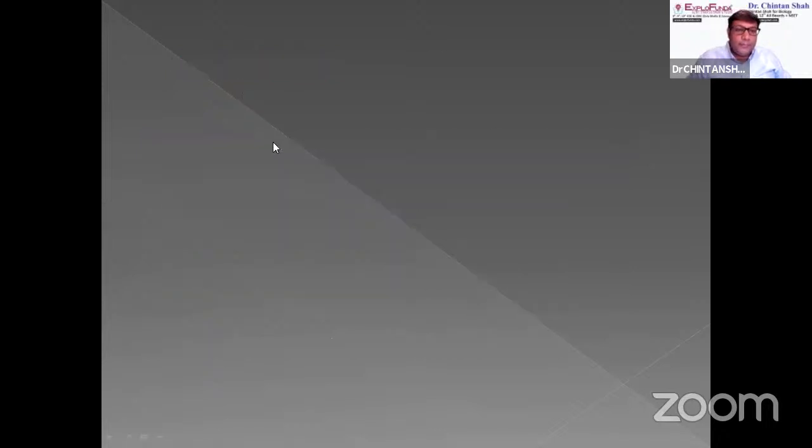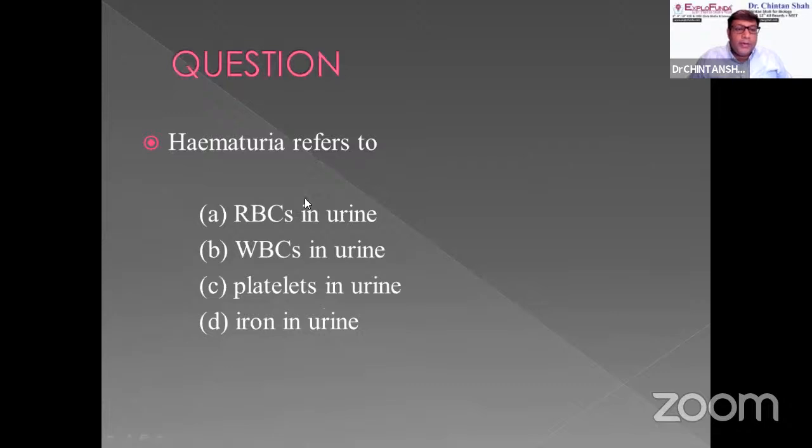That's very good. Okay, hematuria refers to what? This is very easy. Hematuria means what? What I believe is that whenever it is written urea, its meaning is that it is in urine.